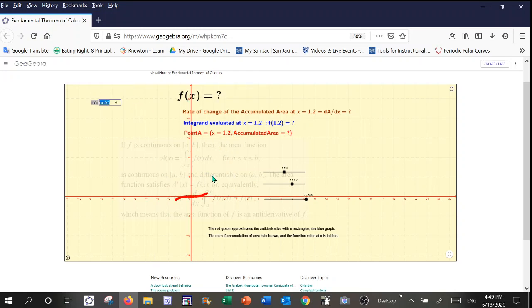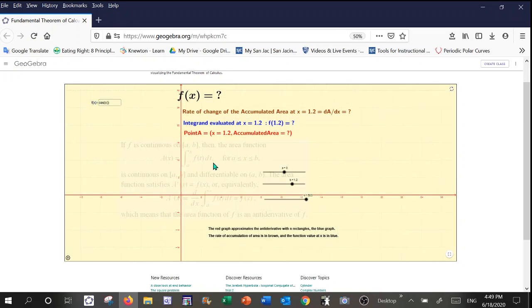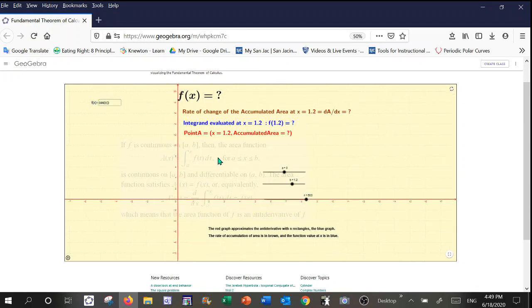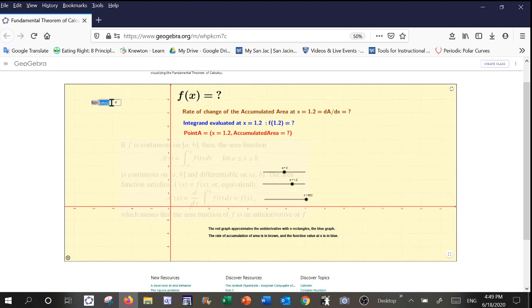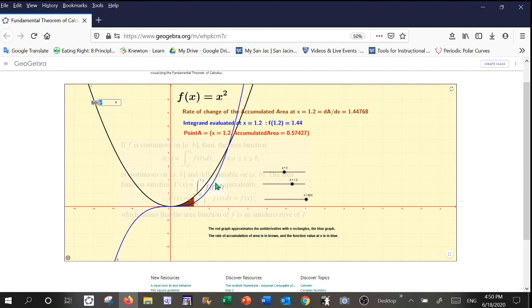Of course, I zoomed in and out too much, so maybe I should just use a polynomial, maybe x to the third power, or maybe x to the second power. There. So use a polynomial. The program is sensitive because of the scaling and all that. But again, this relationship doesn't change.